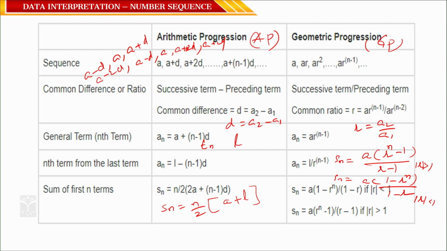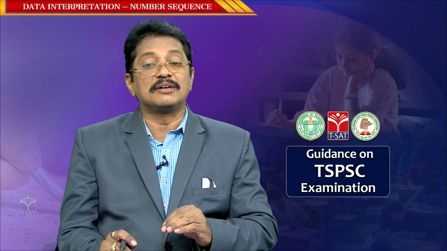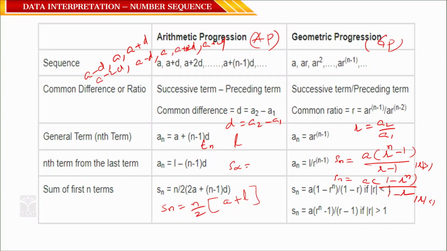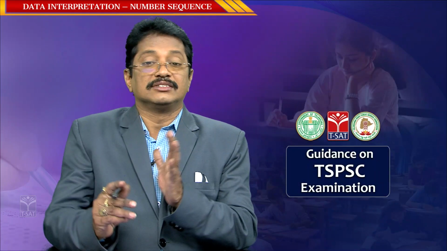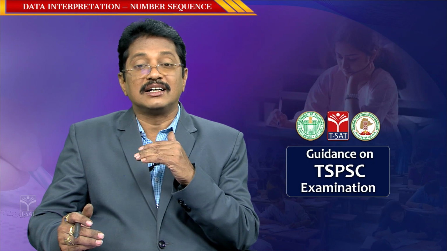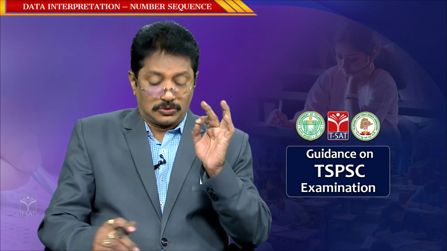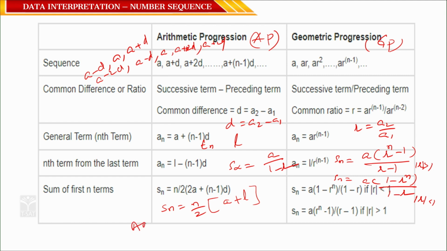And if the series tends to infinity, the sum of terms in the infinite series, S infinity is equal to a by 1 minus r. These are the different formulas in geometric progression. And one more thing, arithmetic mean: when three quantities a, b, c are given, arithmetic mean b is equal to a plus c by 2, b is called arithmetic mean, and the geometric mean b is equal to under root ac.